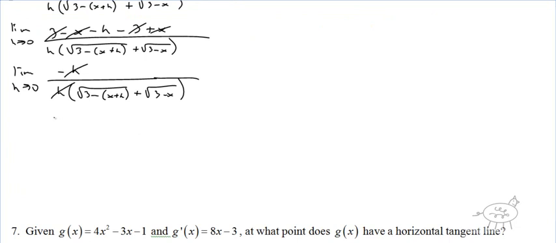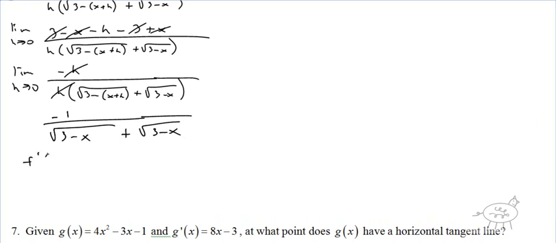So I get negative 1 over, watch your signs, the square root of 3 minus, well, if h is 0, isn't it just 3 minus x? Right? Plus the square root of 3 minus x. Hey, I can combine those. So here, my f prime of x is equal to negative 1 over 2 square root of 3 minus x.